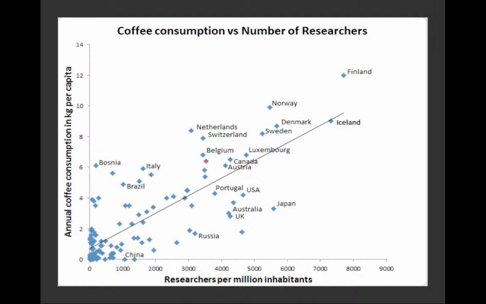Well, all of those countries are in colder northern climates. And so maybe the number of researchers has nothing to do with how much coffee you drink, but coffee is consumed already in those places because the climate is simply colder. And so we have to be careful about the way that we interpret indicators and the impact that it makes on prices.